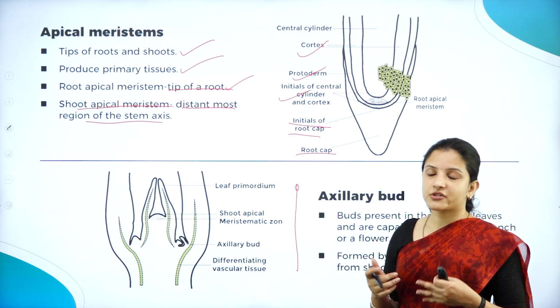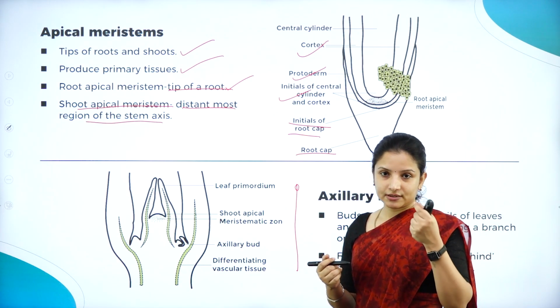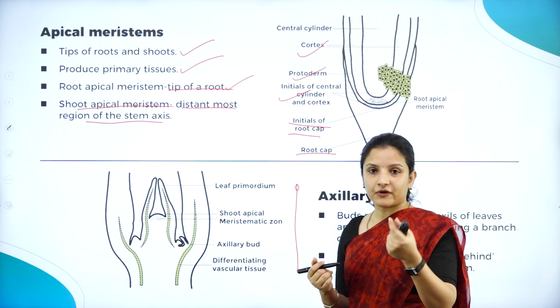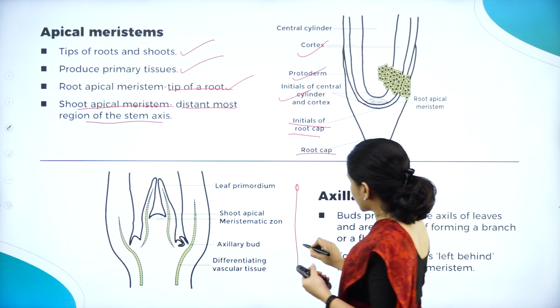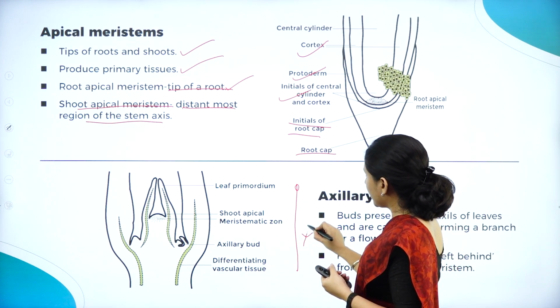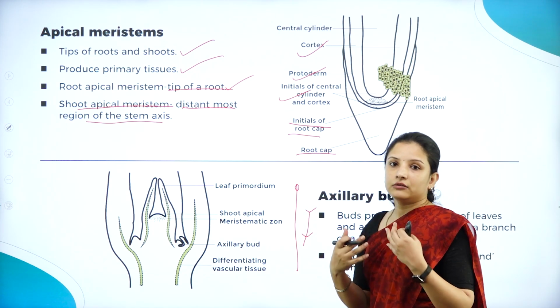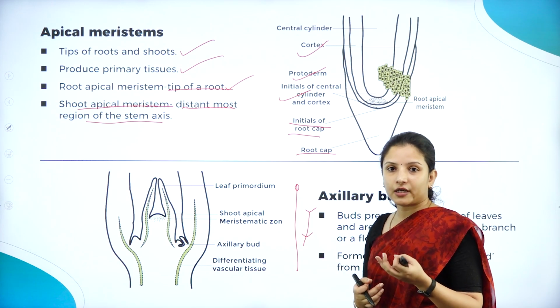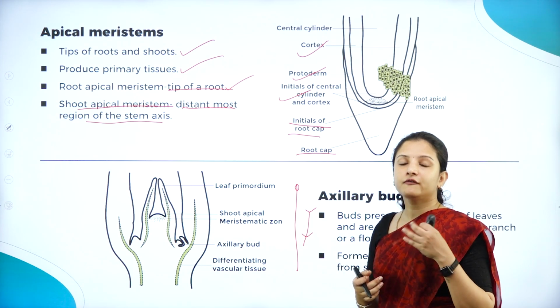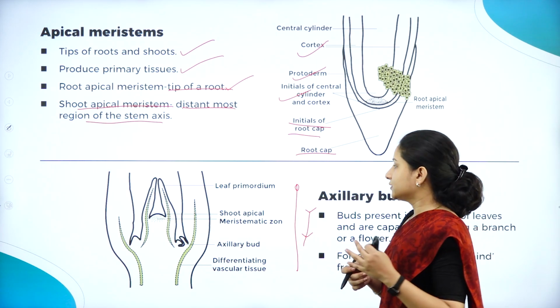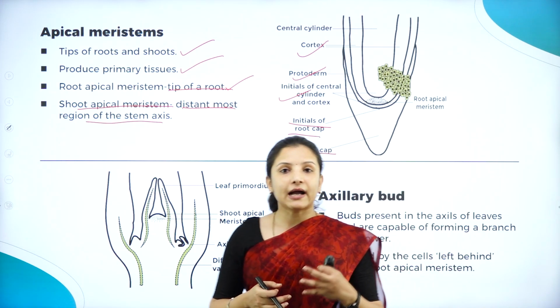Just imagine a seed which develops the first leaf. From here, at the tip, the leaf will form, again it will elongate, and the leaf will form. This is how the shoot apical meristem also gives rise to the leaf primordium or the formation of a new leaf. We shall study it as the axillary bud.